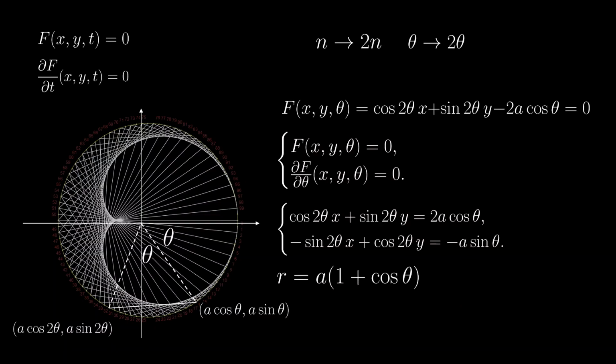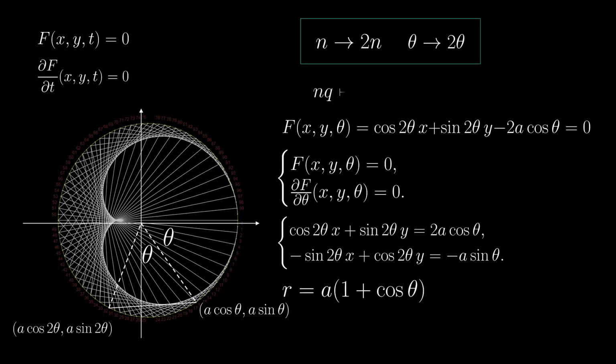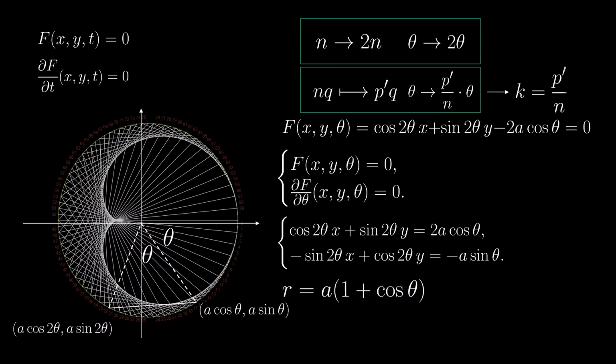Similarly, in this case, where the map is from nq to p'q, it is equivalent to consider theta mapping to p' over n times theta. And that's why, in the conjecture, we see the epicycloid parameter k is exactly p' over n. This has already explained why this epicycloid occurs in this diagram.